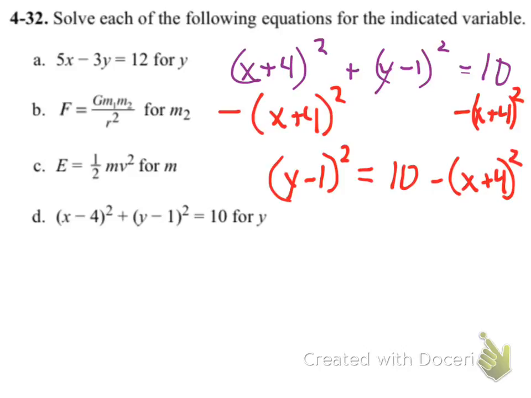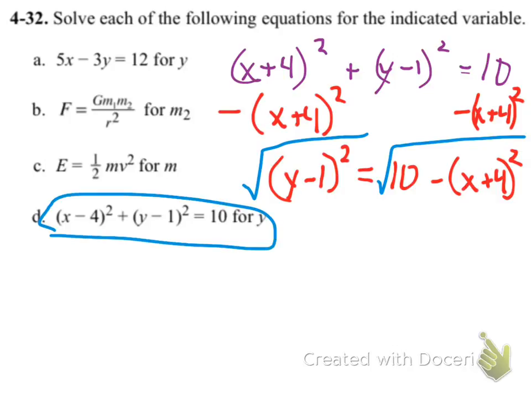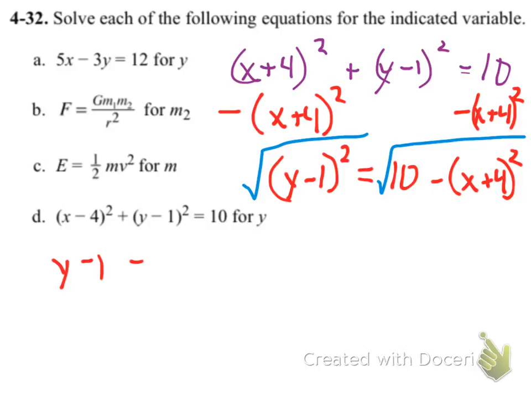Now, the next thing I want to do is undo this square, so I'm going to take the square root of both sides. Now, if you think of this original equation here, it is the equation of a circle. So when I take the square root, I'm going to end up getting y minus 1 equals the square root of 10 minus x plus 4 squared.